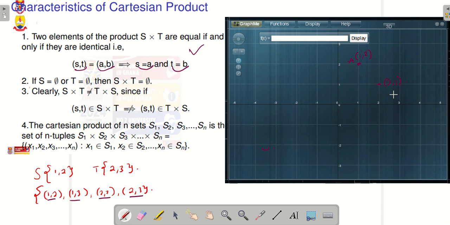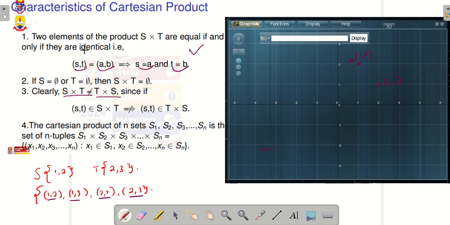And you realize that these two points are not the same. So we are saying that the Cartesian product is not commutative. S cross T is not the same as T cross S, all things being equal.